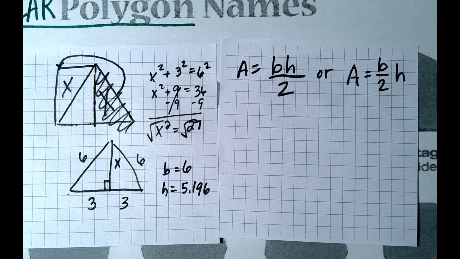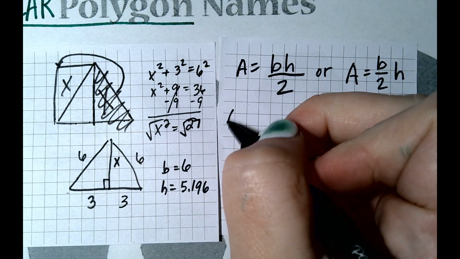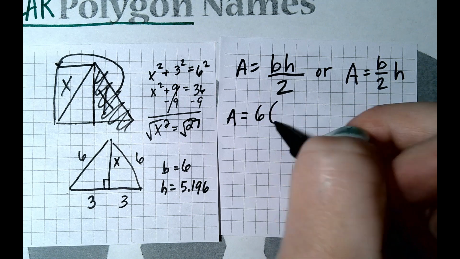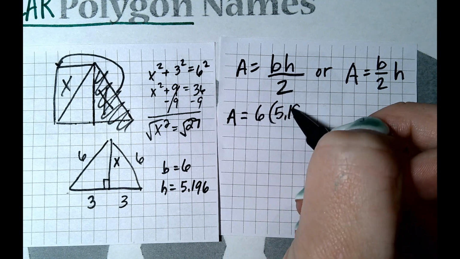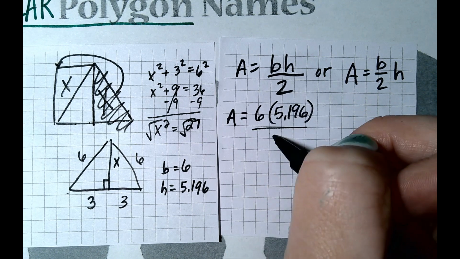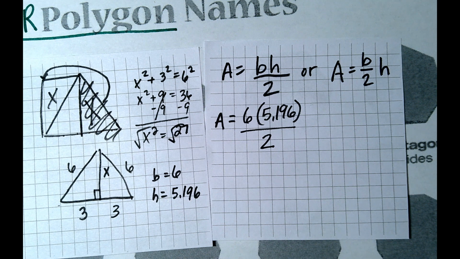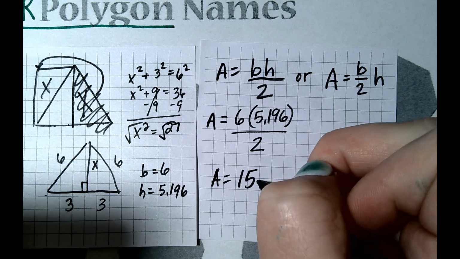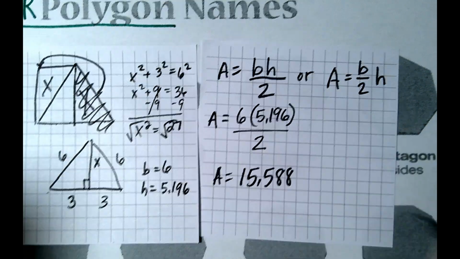So let's try that. Now I have my numbers. So first I'm going to try the way I just wrote. Area is 6 times 5.196 divided by 2. And I got 15.588.